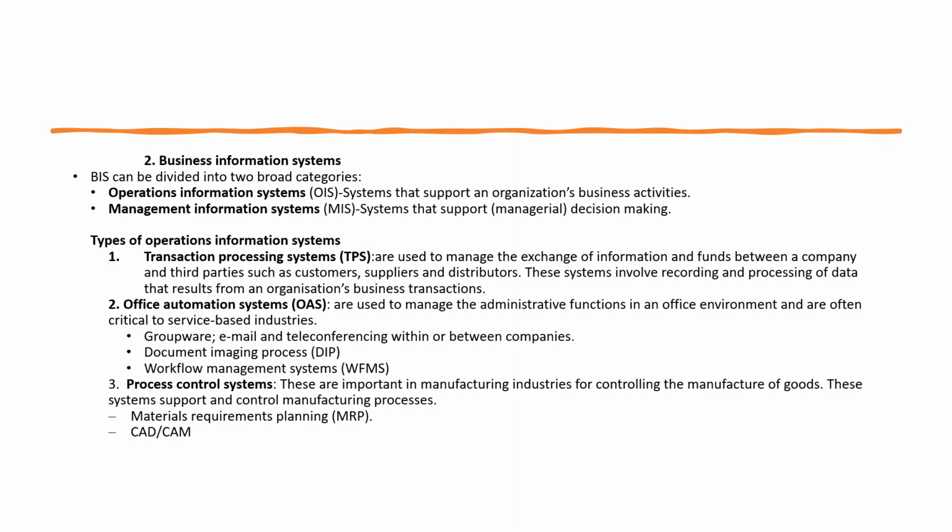For example, we have material requirement planning for production, using all the materials that are being used in the manufacturing industry. We have CAD, that is computer-aided design, computer-aided manufacturing, using those software or tools for various design of products.